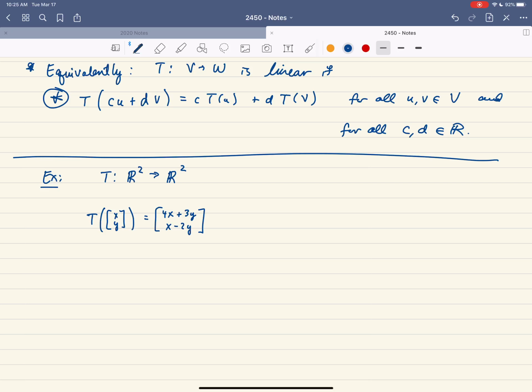Okay, so that's how we're going to define a transformation from R2 to R2. Notice that our input is a vector in R2 because we have an x and a y. And our output also is a vector in R2 because there are two components, right? We have a first component and a second component. So this is going to be a map that takes R2 to R2.